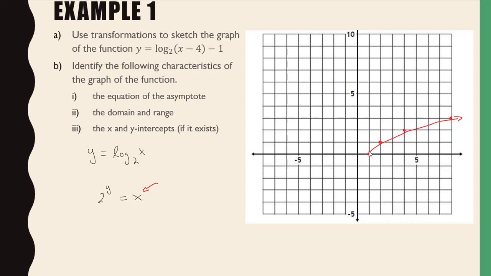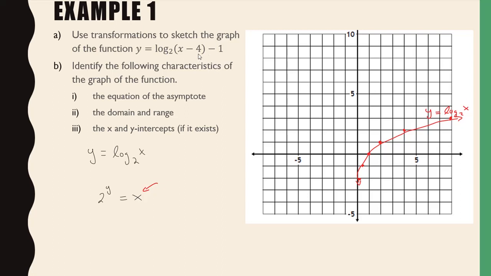I know what 1/2 is, and that's going to be negative 1. And I know negative 2 will be 1/4, and that pattern will continue on. So now we have our parent function, and we should label this y equals log base 2 of x.